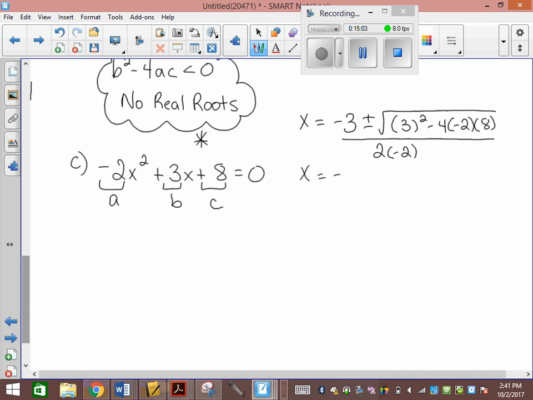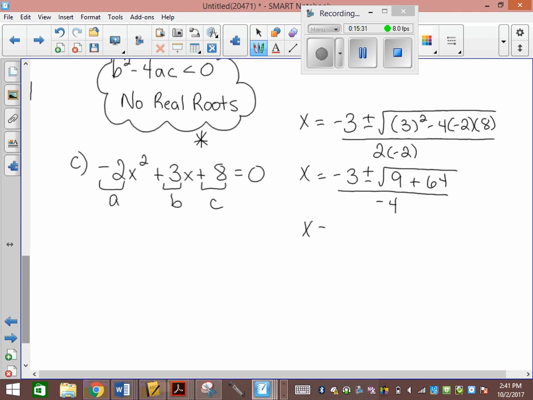So x equals negative 3 plus or minus the square root of 9 plus a really large number. 64, not a really large number. I didn't skip a step. 3 squared is 9. And then we go negative 4 times negative 2 times 8 is positive 64.